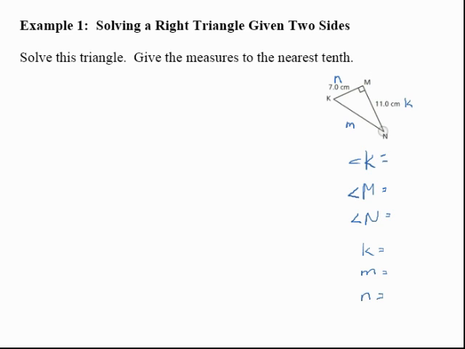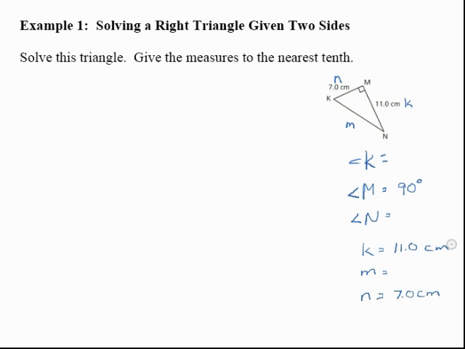So I already know that angle M is 90 degrees, and I know that side N is 7.0 centimeters, and I know that side K is 11.0 centimeters.